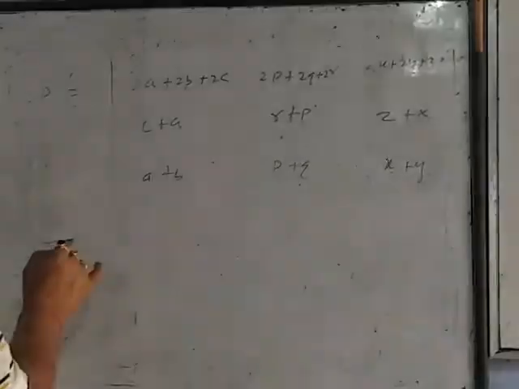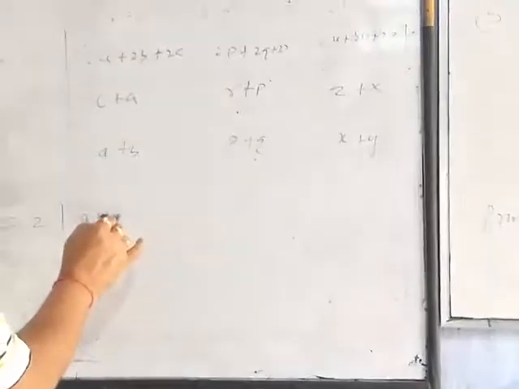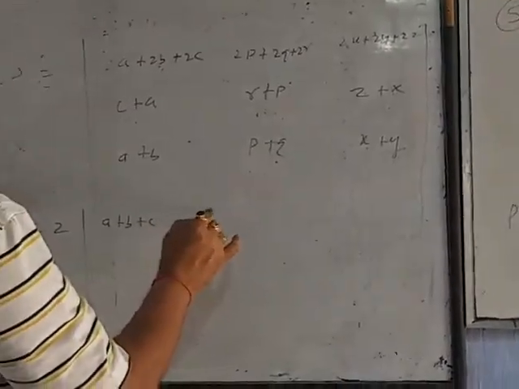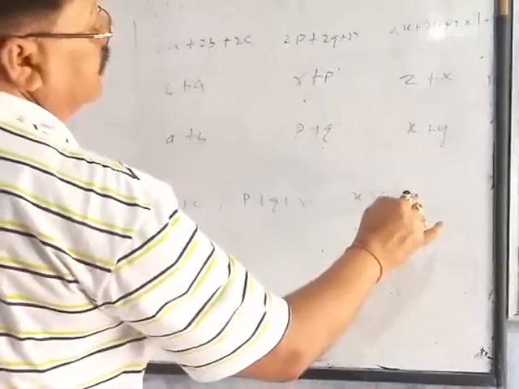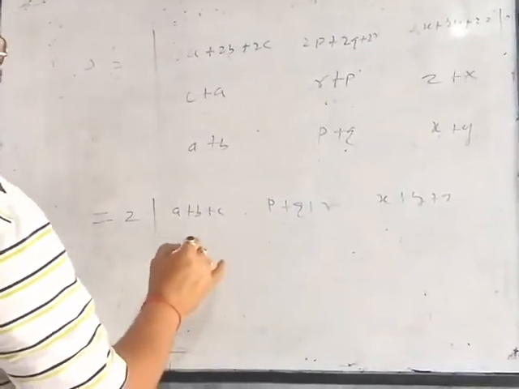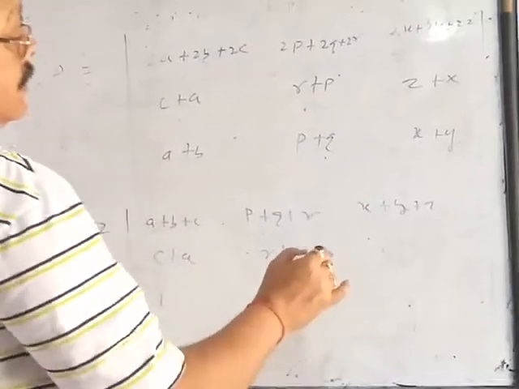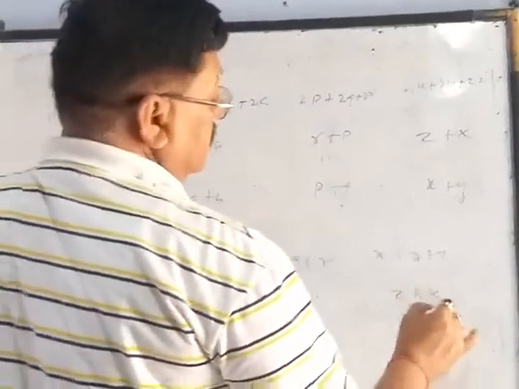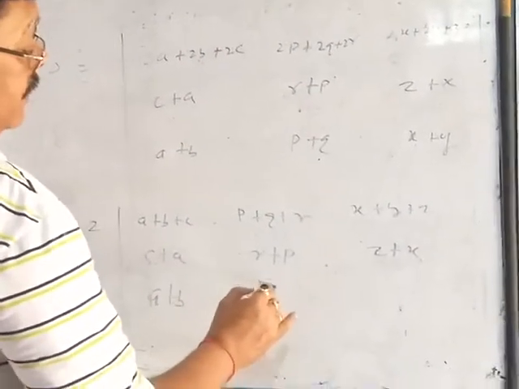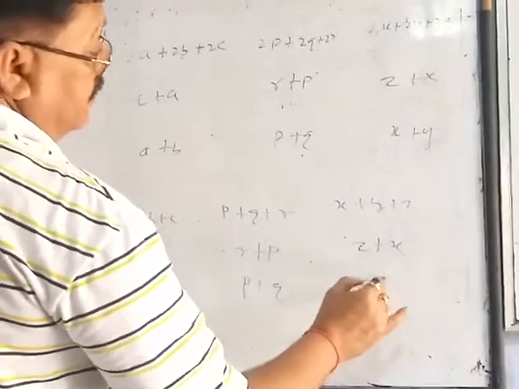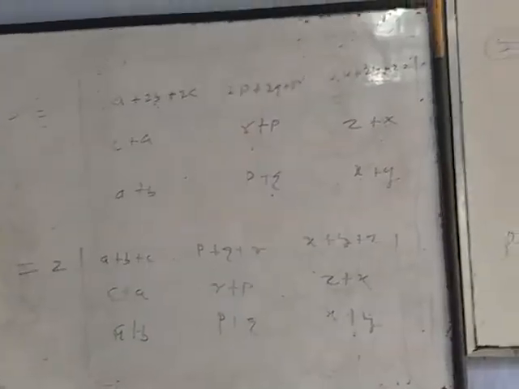So take common 2. So A plus B plus C, P plus Q plus R, X plus Y plus Z, C plus A, R plus P, Z plus X, and A plus B, P plus Q, X plus Y. After this operation, we are getting this.